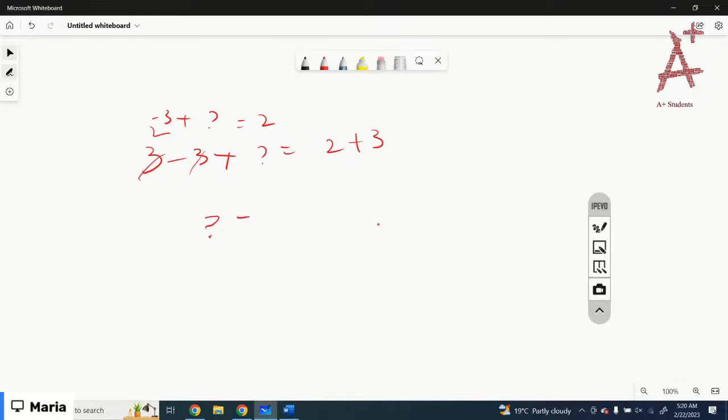You are left with the missing number only, and 3 plus 2 is 5. Got it? That means the missing number is 5.